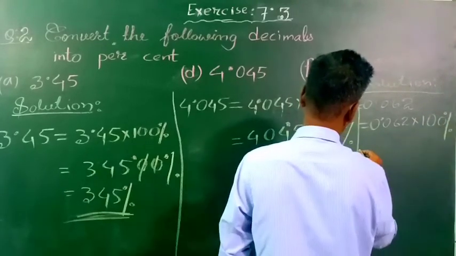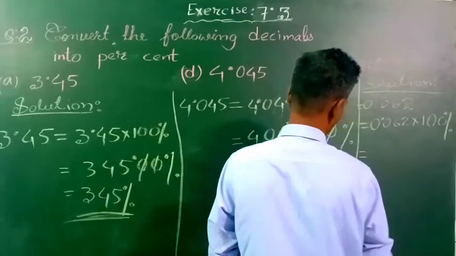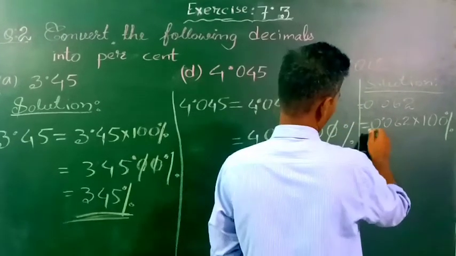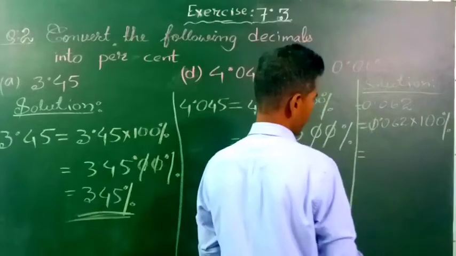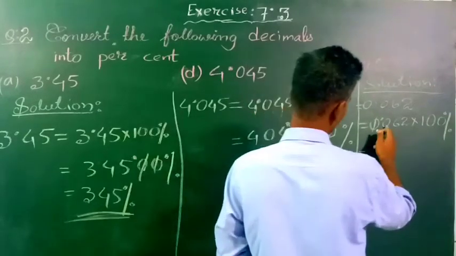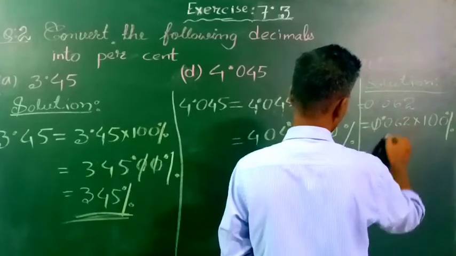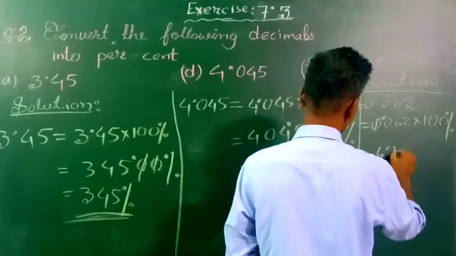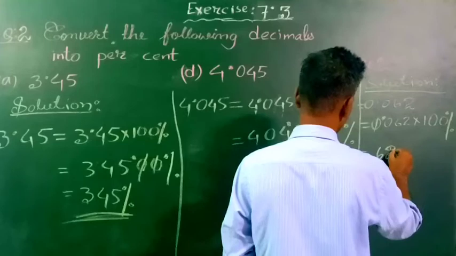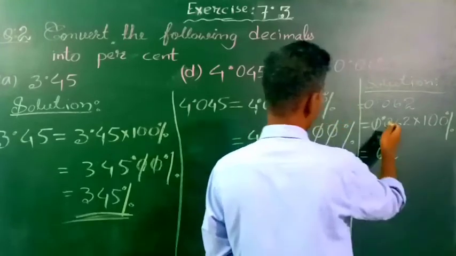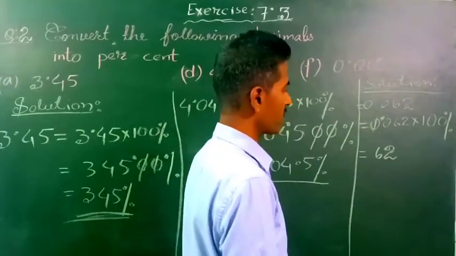Now in the following step you see, this 0 on the left side has no value. So what we got, we'll write this 6 and 2. The 0 we will not write on the left side. If there are zeros at the extreme left, we don't write them.